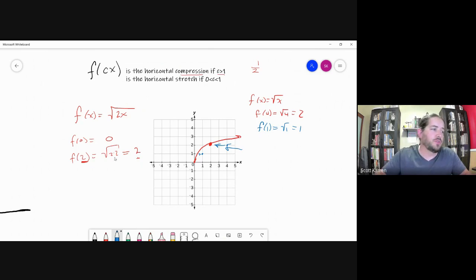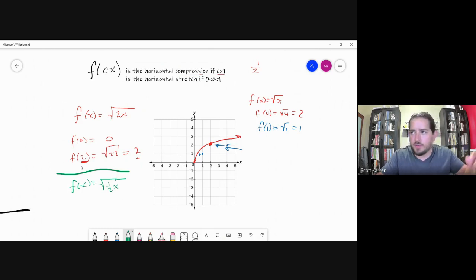As opposed to if I wanted to draw f of x equals, let's say, the square root of 1/2 x. Now this is a compression by a factor of 2, right? 1 over that c value, 1 over 1/2, which is 2.